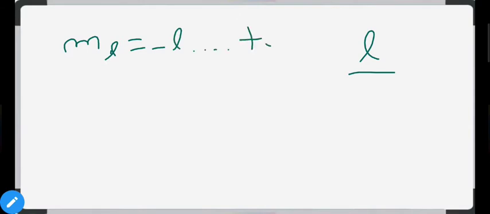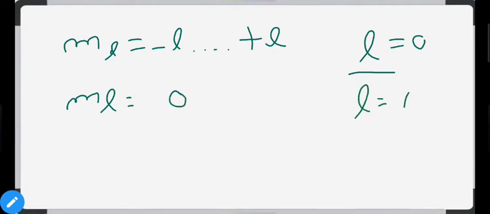Next one is the magnetic quantum number ML, and the value of ML depends on L. The value of ML will start from minus L to plus L. That means if L is equal to 0, then the only possible ML value will be 0. If L is equal to 1, then ML will be minus 1, 0, 1.